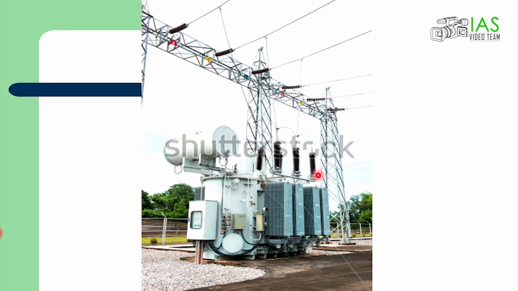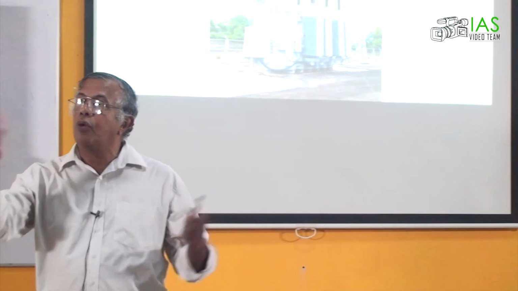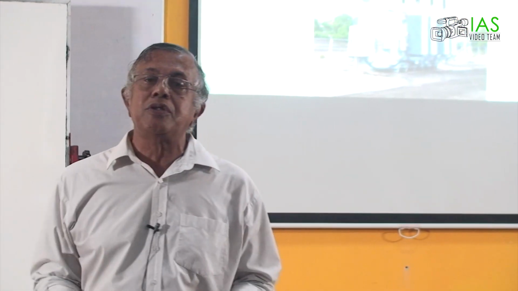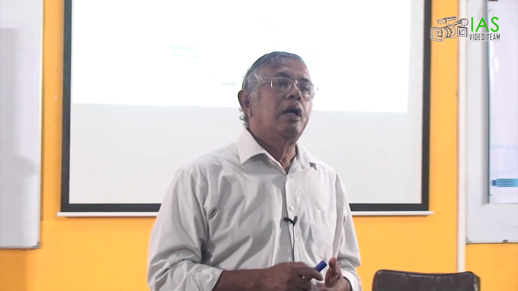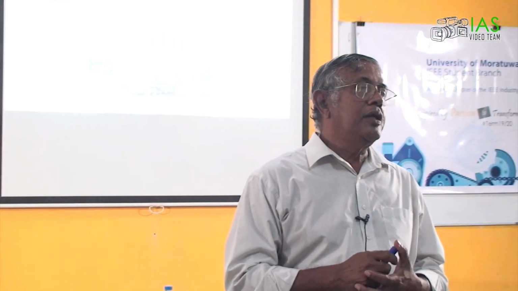Here, if you see, the Buchholz relay is somewhere here, and you have fans over here on the radiator. Now, while you were under training, you all have taken pictures of the nameplates, right?